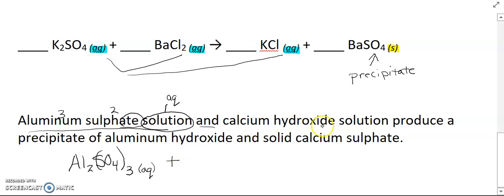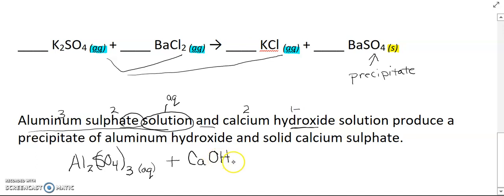This is calcium hydroxide, another ionic compound. Calcium is Ca. Calcium is going to be a 2+. Oh, be careful with hydroxide. That's a common error. It is a polyatomic made up of oxygen and hydrogen that has just a 1- charge.